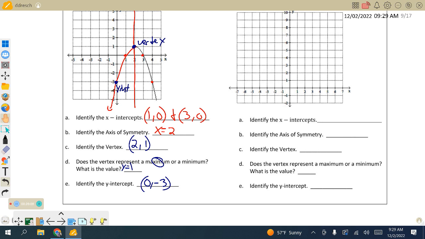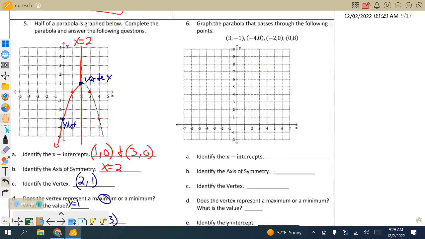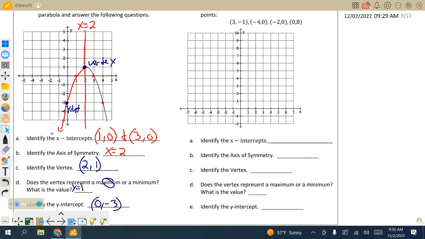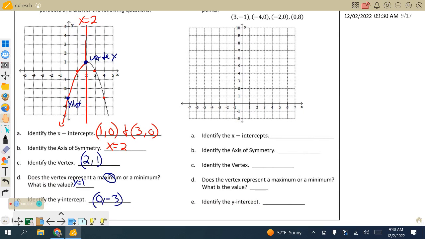If I go back to this one, actually let's just see what the last one does for us. Go plot those 4 points. What type of shape do we get on those 4 points? (3, -1), (-4, 0), and (-2, 0), and (0, 8).